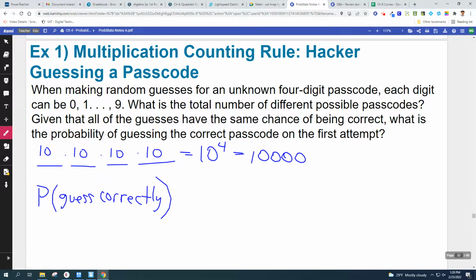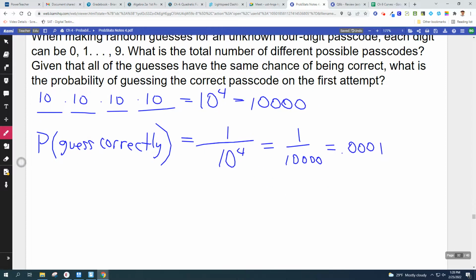Okay, and so think about probability. We always think about probability as part over total. There's one way of choosing the right number out of the 10,000 numbers. So 1 over 10,000 is 0.0001. Okay. A lot of the problems kind of act like this.